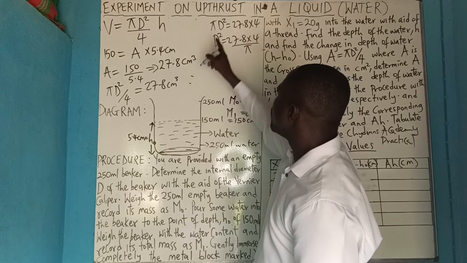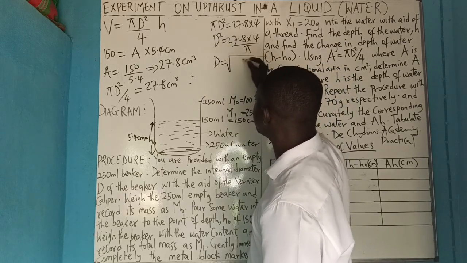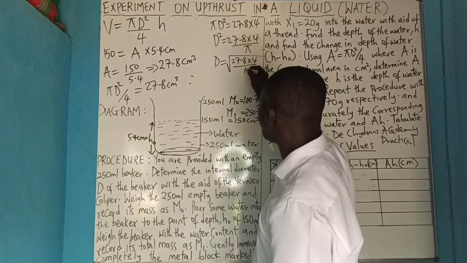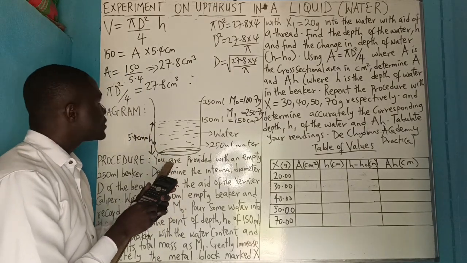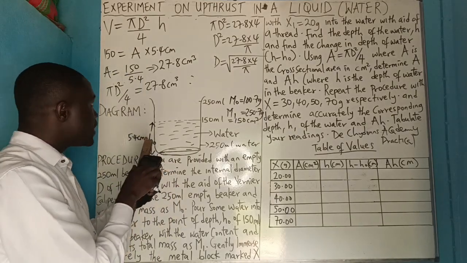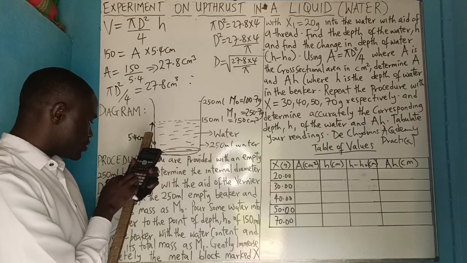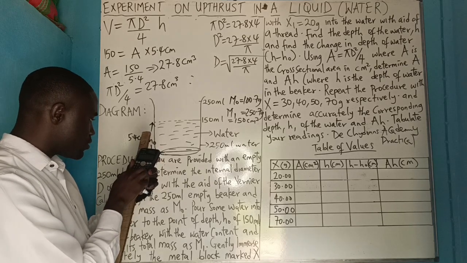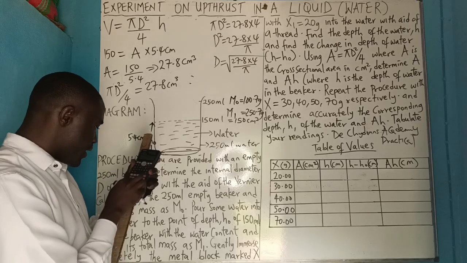And so we also say that d will be equal to square root of 27.8 times 4 all over pi. So that means what we'll be writing there is square root bracket 27.8 times 4 divided by bracket pi.